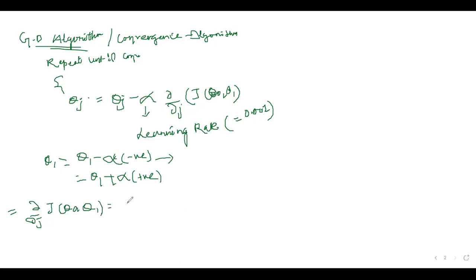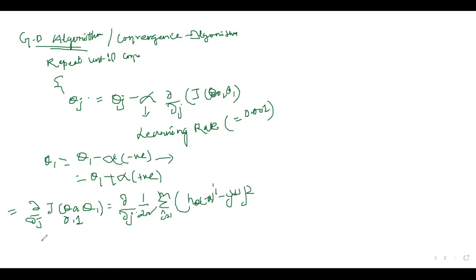The derivative of my cost function, that is 1 by 2m summation of i equals 1 to m, h theta of x of i minus y of i, whole square. And we know that my j value should be 0 and 1 because I have theta 0 and theta 1.